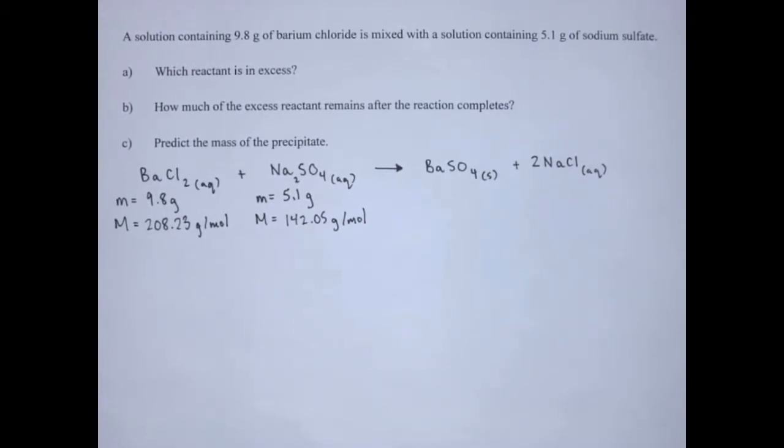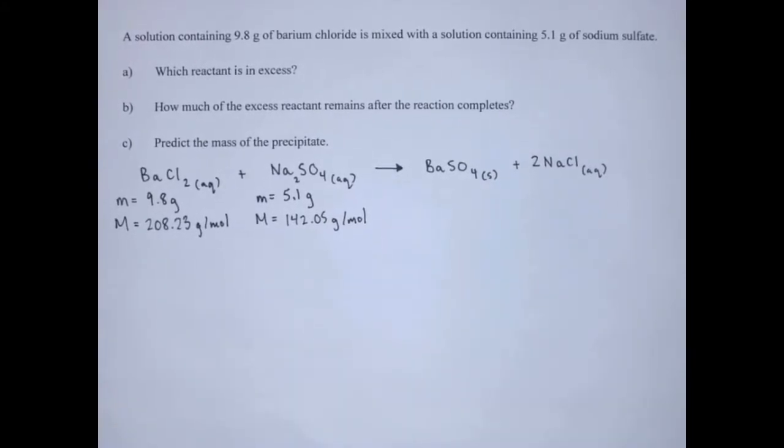In the follow-up questions, we're going to be figuring out how much of the excess reactant remains after the reaction is complete. And we're going to be predicting theoretically what the mass of the precipitate will be once the reaction is complete. So we have a solution of barium chloride and a solution of sodium sulfate.